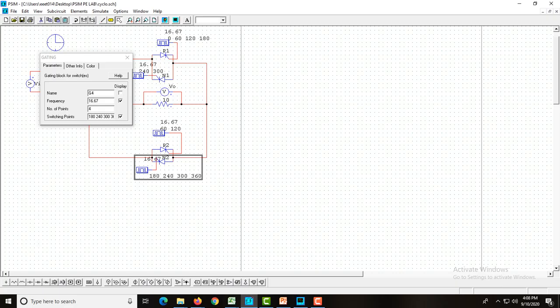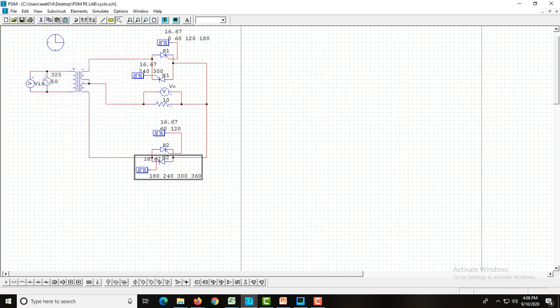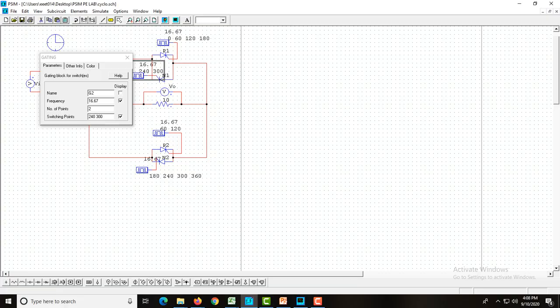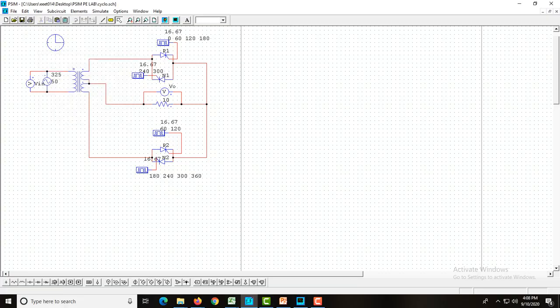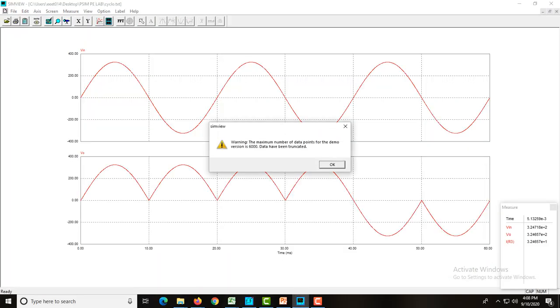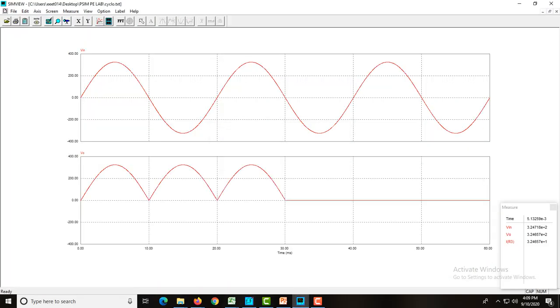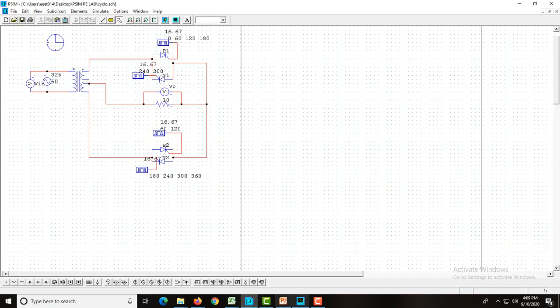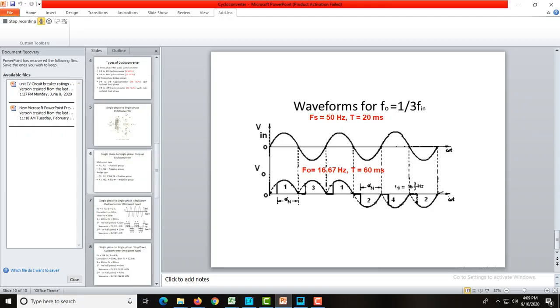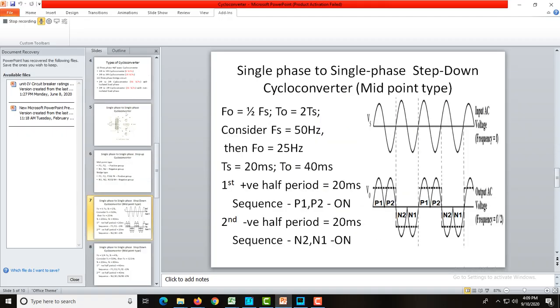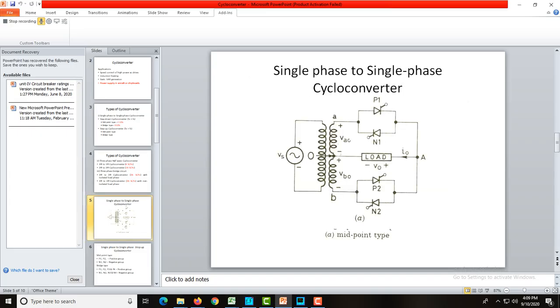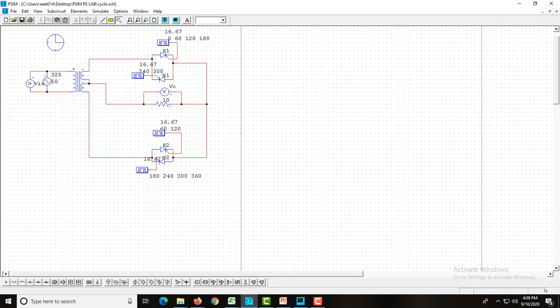That is P1, P2, N2, N1, N2. This is P1, N2, N1, N2, P1, P2, N2, with 4 switching points: 180 to 240, 240 to 300, 300 to 360.